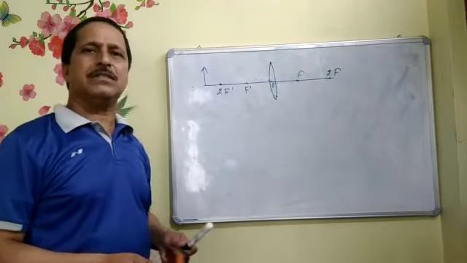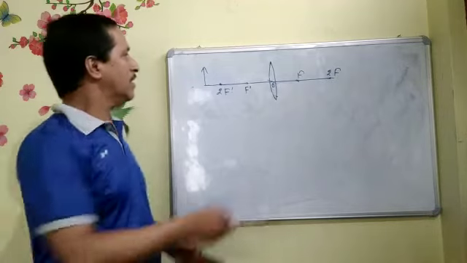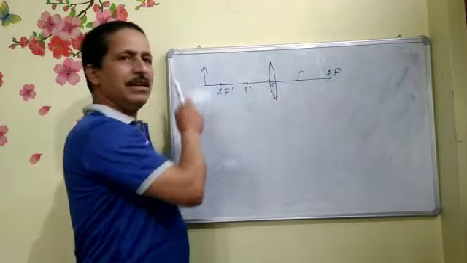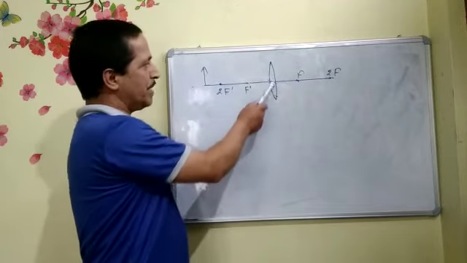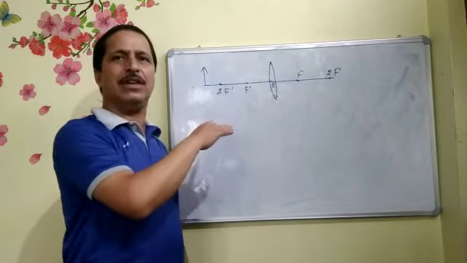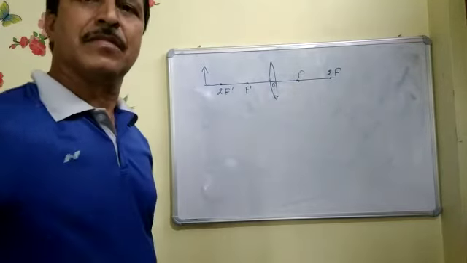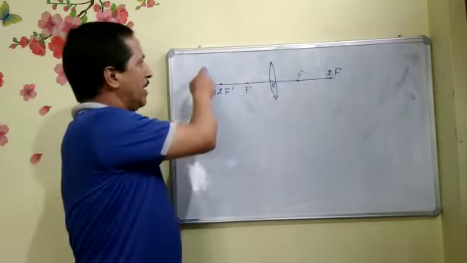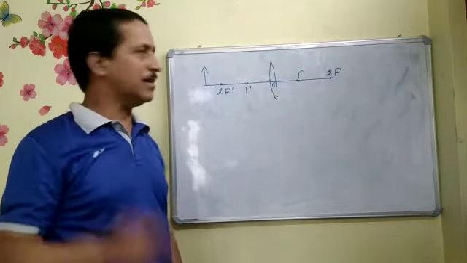Now we'll discuss case number 2, in which the object is not at infinity. It is at a finite distance but beyond twice the focal length of the lens. In this case, the rays coming from any point of the object will not be parallel to each other.